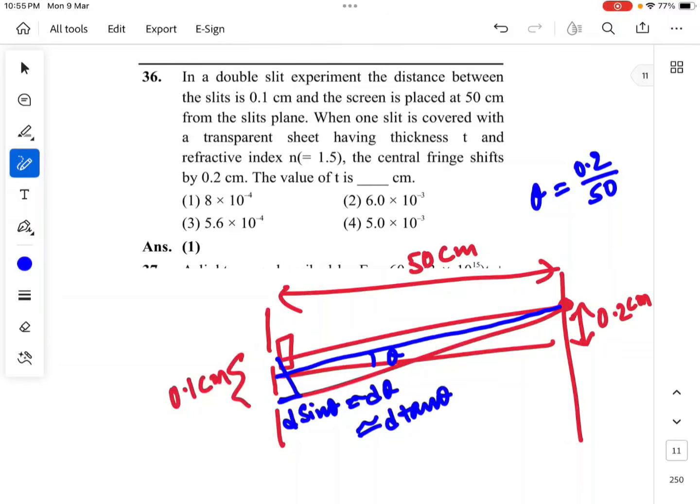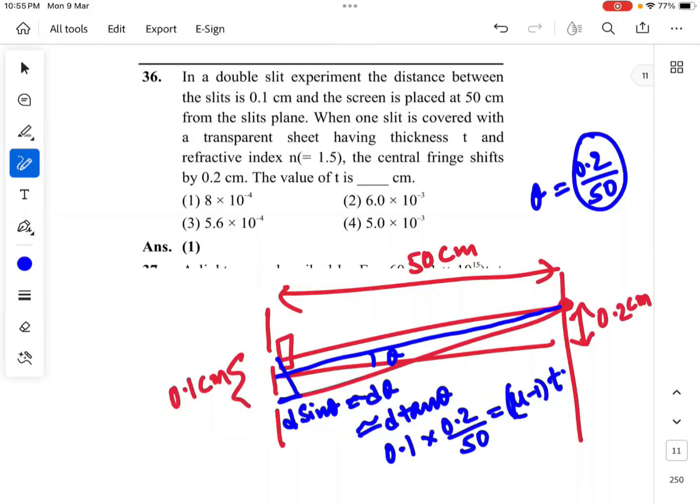So we can write 0.1 times tan theta, which is 0.2 divided by 50. That is the path difference, which must be equal to (mu minus 1) into T.